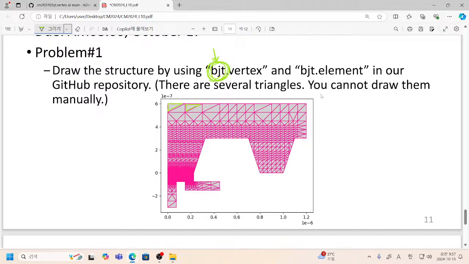In order to do that, what you have to do is first read those vertices and remember them. After that, once you read the elements, use these elements to draw each triangle. Then you can draw this entire system.